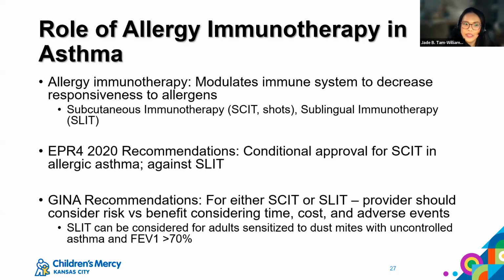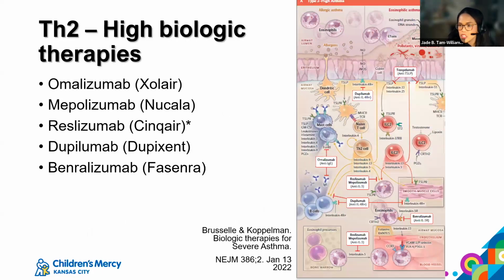Beyond inhalers, pills, steroids, and allergy shots, we've now moved into the biologic age. And the nice thing about being a type 2 asthmatic is that there is much more out there in regard to biologic treatments for type 2 asthma than there are for type 2 lows.